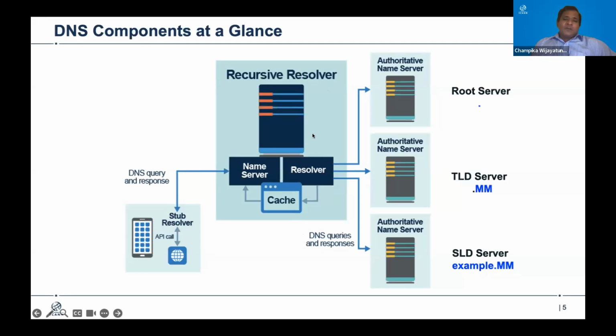Sometimes universities also run recursive resolvers. Banks, sometimes they run their own recursive resolvers for their users. But generally, it is the ISPs, mobile operators, and so on. They are the ones, the network operators. They run recursive resolvers. So the applications, the clients, they interact with the recursive resolver and ask for those IP address details.